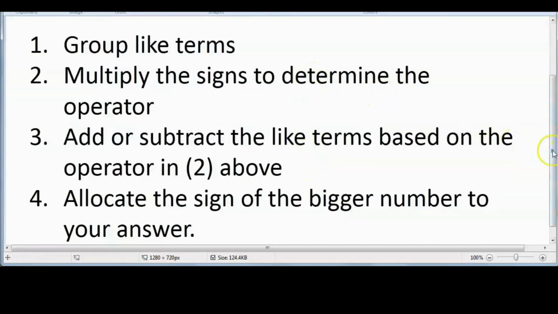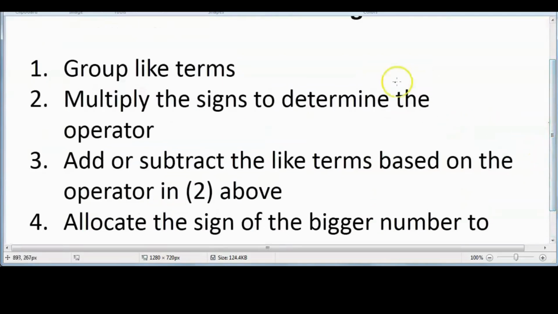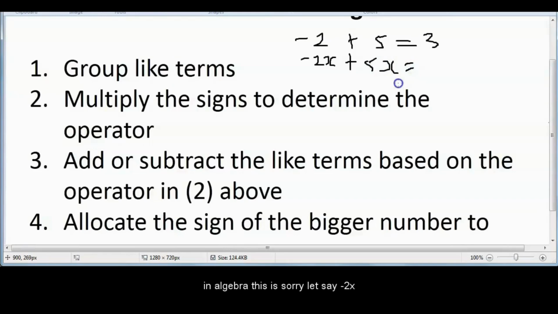Say you have minus 2 plus 5. The answer is going to be 3. What if we are given minus 2x plus 5y?